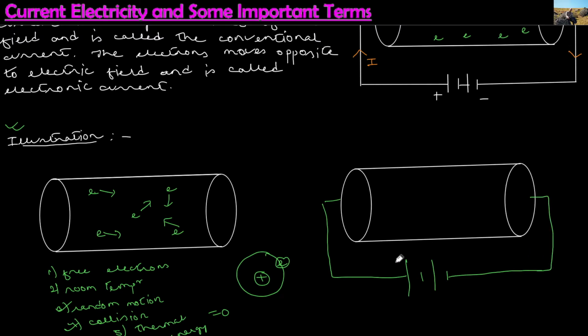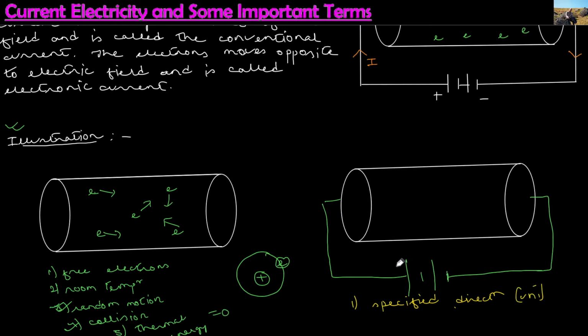All these electrons will not be moving in random motion anymore, but they will be moving in a single direction, a specified direction, or unidirection.